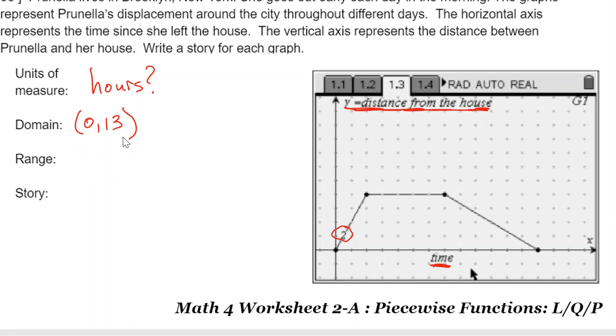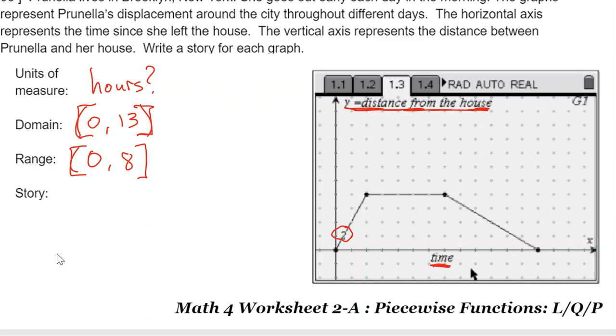Whoops, I got those backwards up there, didn't I? Oh, no, I did get it right. The domain goes from 0 to 13, and the range goes from 0 to 8. I guess technically I should be putting brackets on these because they are fixed in their endpoints.